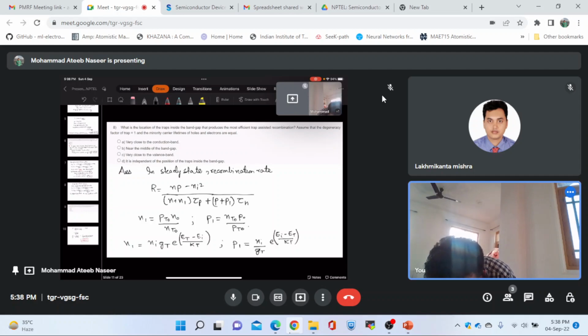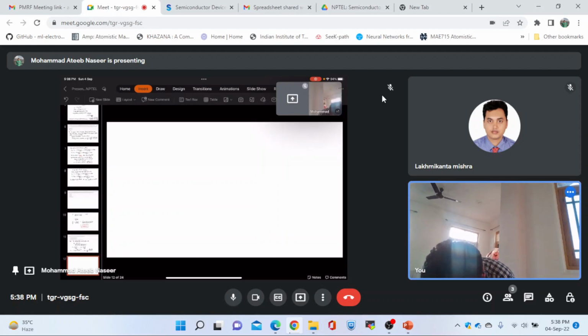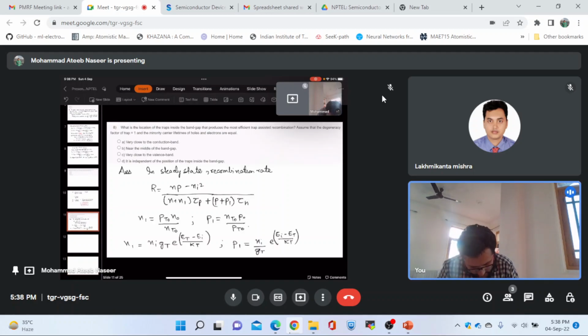So we will substitute these expressions in this recombination rate expression. But first of all, let us find the condition for which this will be maximum.